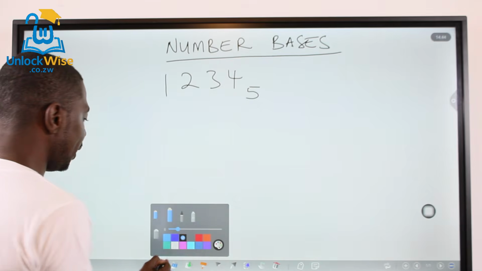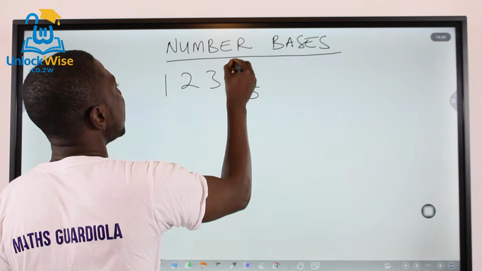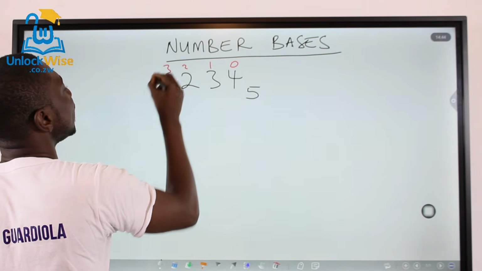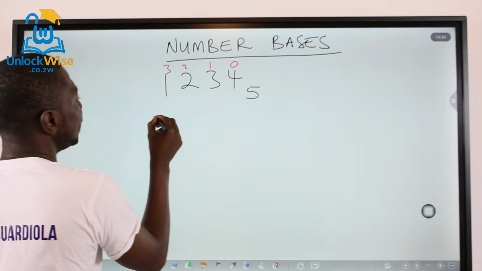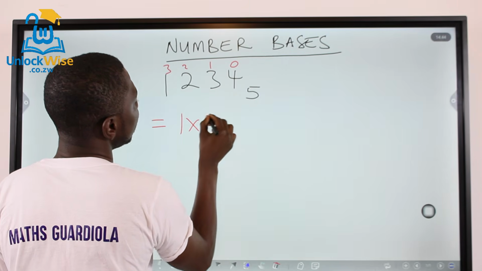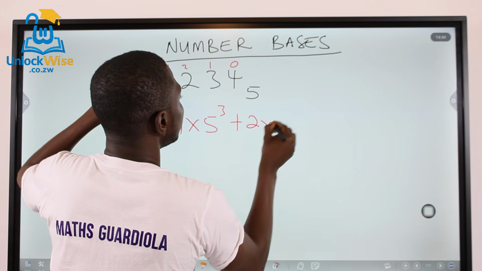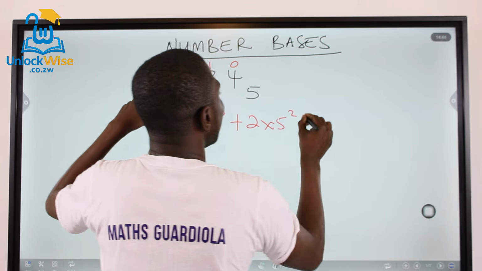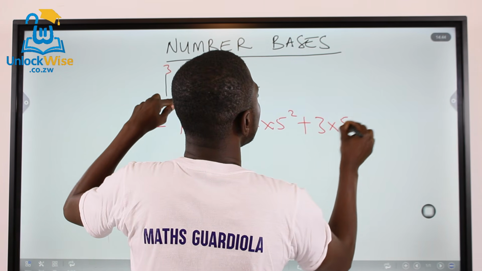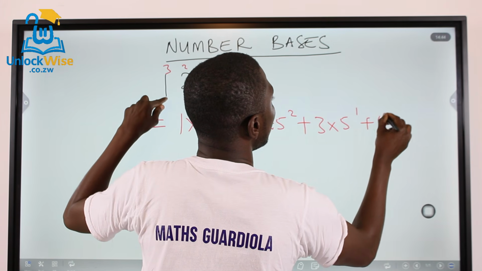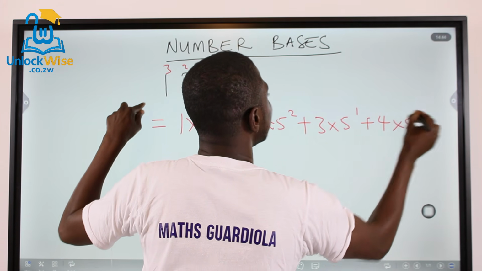Okay, so I mentioned that we do the 1, 2, 3, 4, and we express this as 1 times 5 to the power 3 plus 2 times 5 to the power 2 plus 3 times 5 to the power 1 plus 4 times 5 to the power 0.